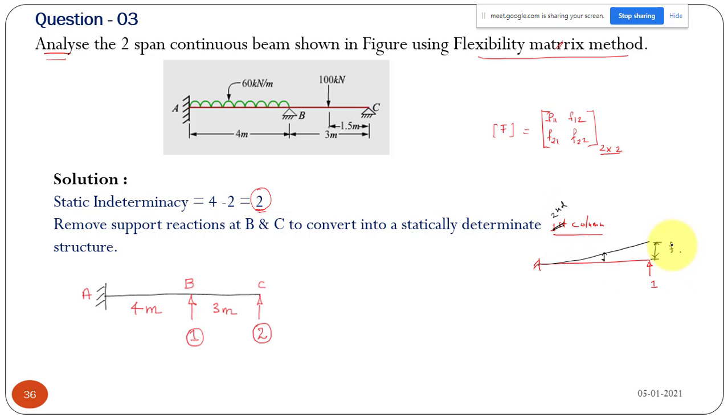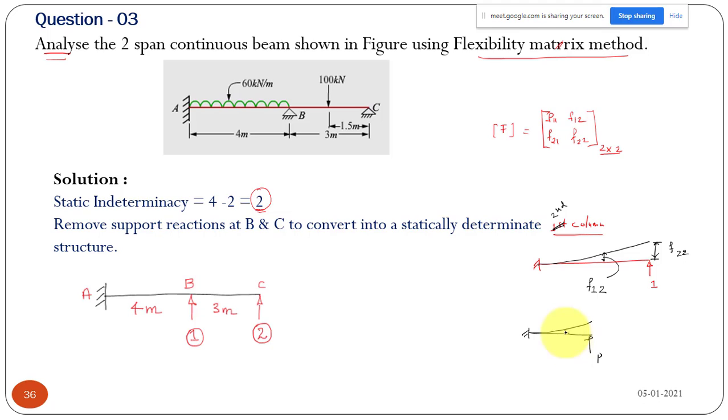This element is the deflection at 2 due to unit load at 2, that is L cubed by 3 times EI. And this element will be the deflection at 1 due to unit load at 2, so F12. You can find it with a cantilever beam and some load P, and find the deflection at any point.